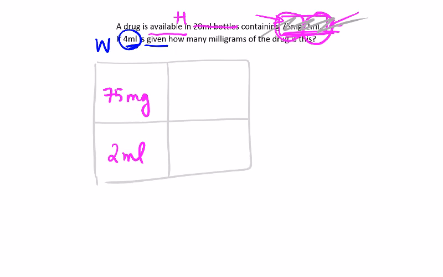This time it will have to sit on the bottom because we are actually trying to match the milliliters. We want to actually find how many milligrams of the drug that is. So the question mark this time is sitting on the top. The box works exactly in the same way.